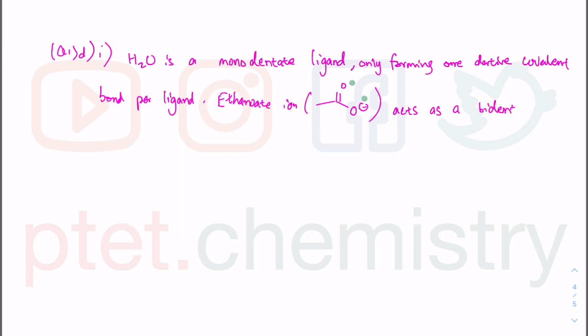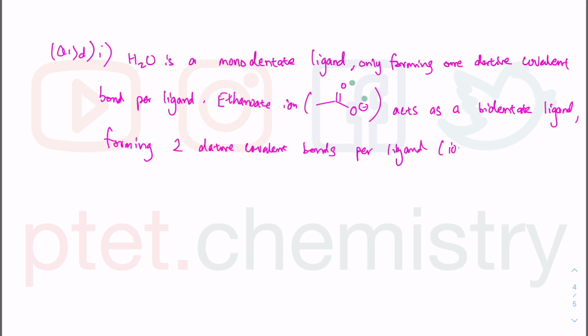Bidentate ligand basically means they can form 2 dative covalent bonds per ligand, and this is per ligand ion, because ethanoate ion is an ion.